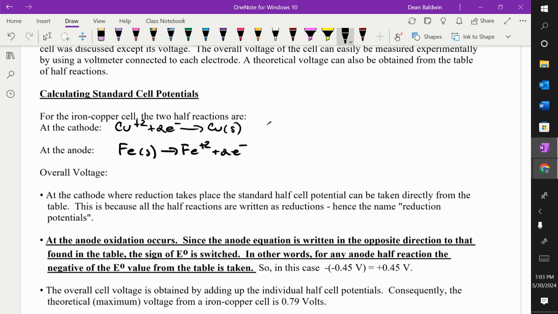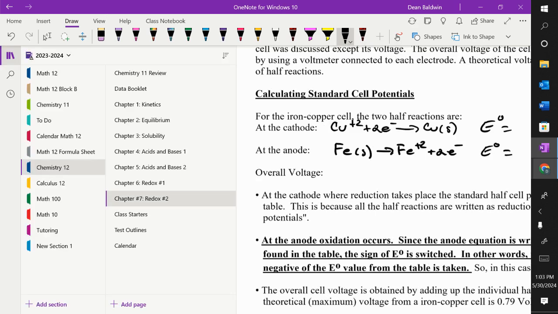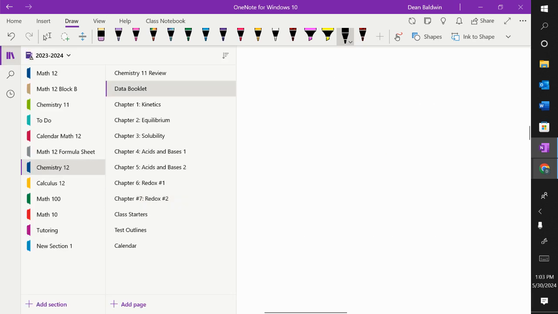What is the E naught of the copper reaction and of the iron? So go to your table.